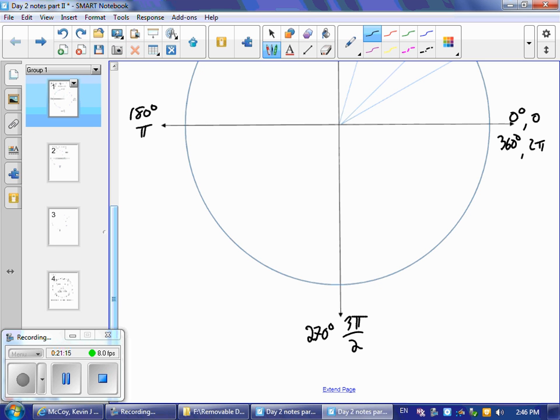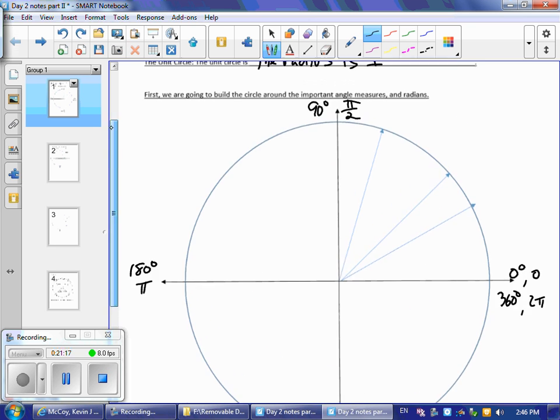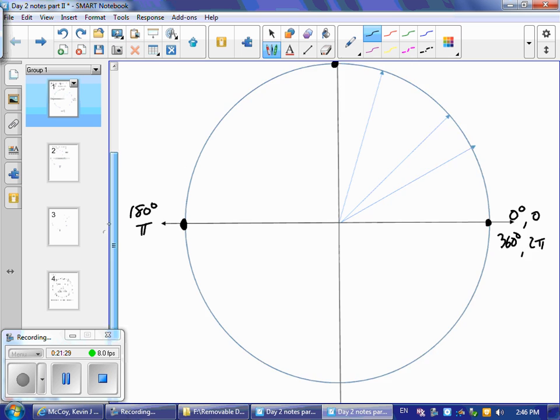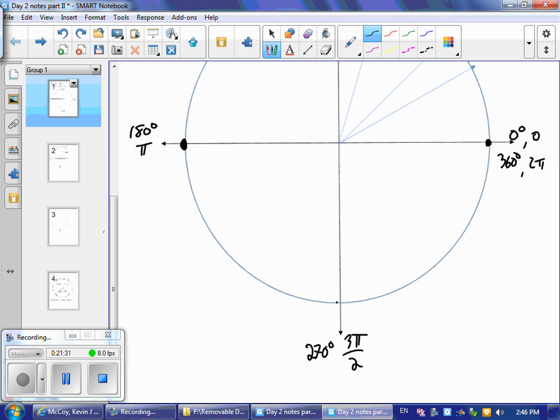Okay, those we should already know. One of the other things we're going to need to know is these values. There are points on the XY axis associated with all these different places on the unit circle. These shouldn't be too hard.